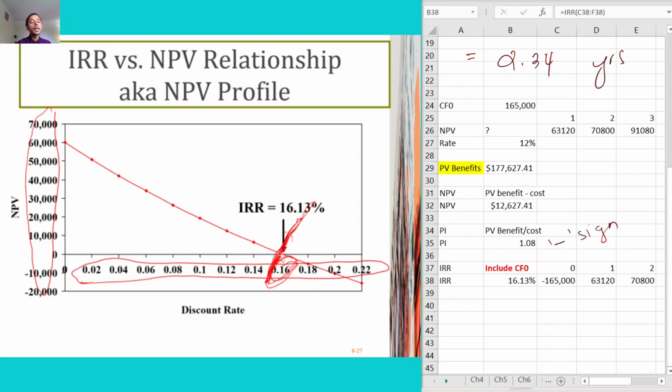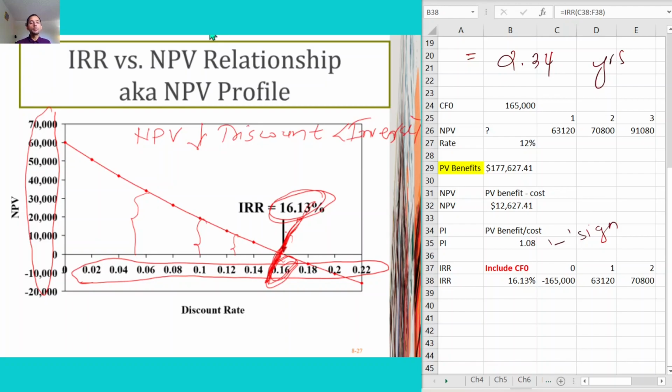For any discount rate less than IRR, your NPV will be a positive number. The lower the discount rate, the higher the NPV. So NPV and discount rate have an opposite, or inverse, relationship. You know this, we talked about this.